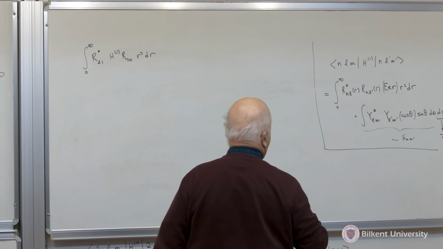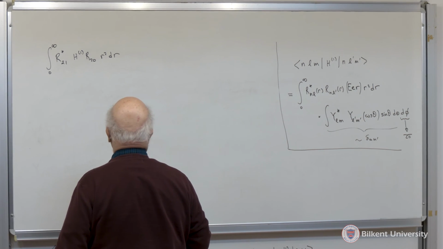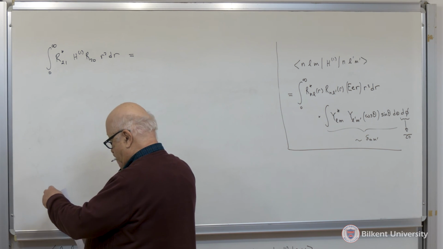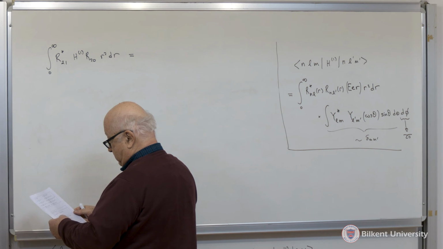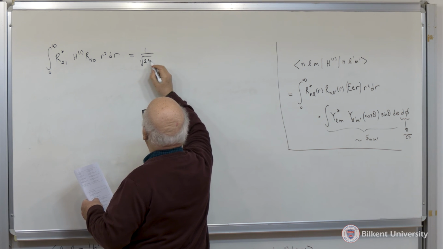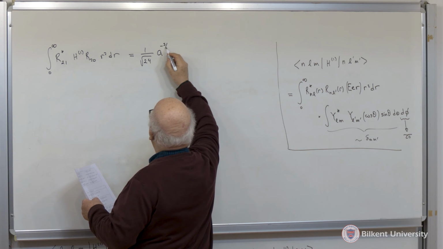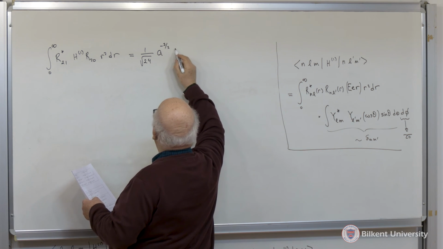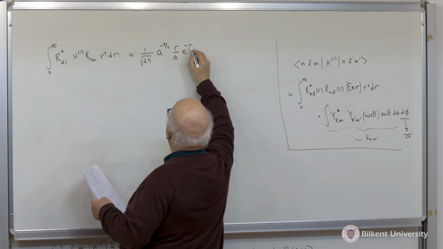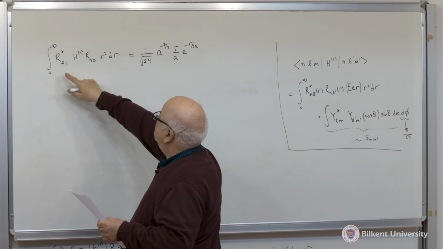Okay, let's just put these things in. R21 is 1 over square root of 24, a, which is the Bohr radius, to the minus 3 over 2, r over a, e to the minus r over 2a. Okay, that's R21.